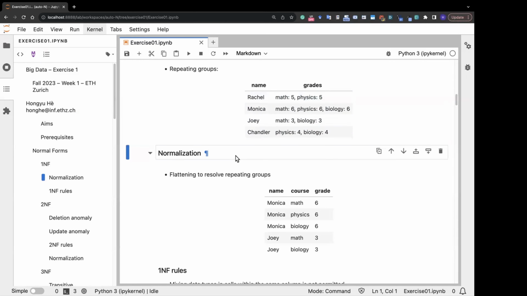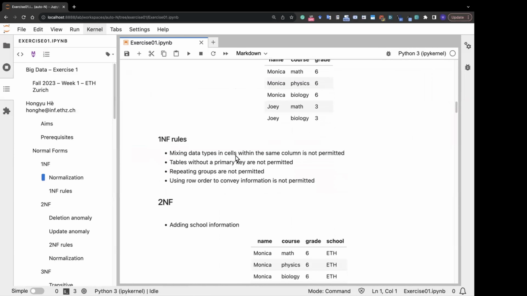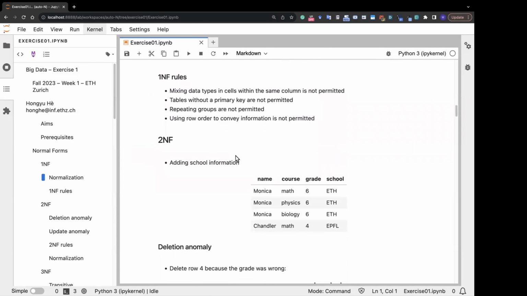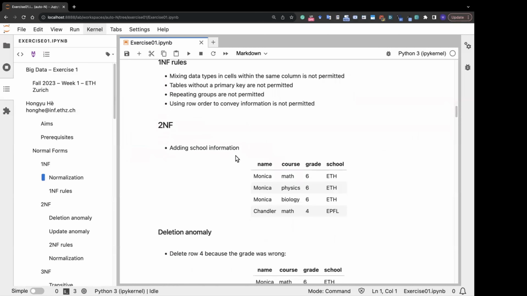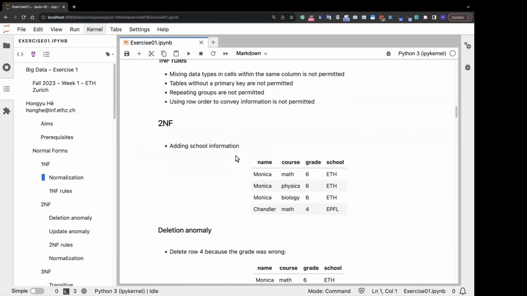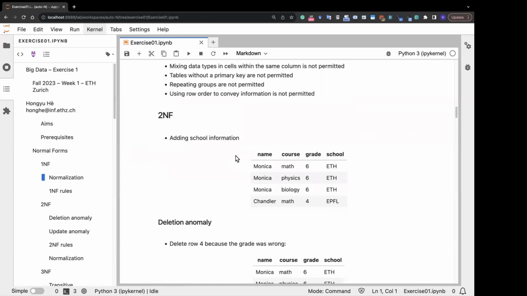Yes. Let's continue. For the second normal form here, another contrived example, let's add the school information to the table, right? For example, Chandler is from EPFL and Monica is from ETH. We want to know the school they are coming from.